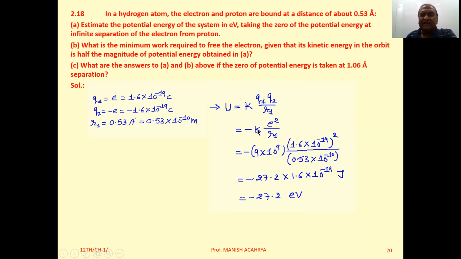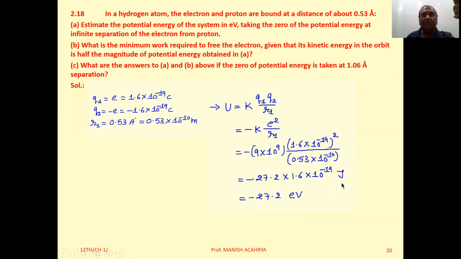So minus K, that is 9 into 10 raised to 9, e, that is 1.6 into 10 raised to minus 19 squared, upon the separation, 0.53 into 10 raised to minus 10. If we solve this one, the answer will be minus 27.2 into 1.6 into 10 raised to minus 19 joule.